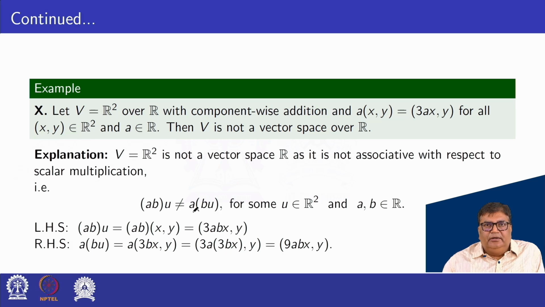Right hand side, a into (bu). So bu can be written as 3b(x, y), and again multiplying with the scalar, 3a into 3b(x, y), that is 9ab(x, y). Hence, left hand side is not equal to right hand side. So this V equal to R square with this definition is not a vector space.